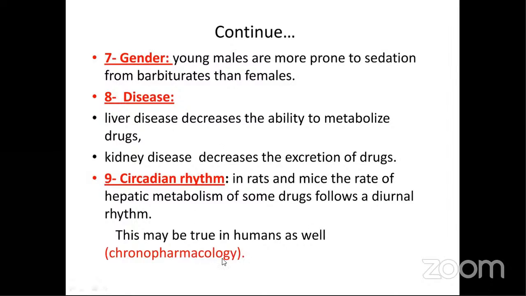Then circadian rhythm. In rats and mice, the rate of hepatic metabolism of some drugs follows a diurnal rhythm. This may be true in humans as well, so depending on the rhythm there will be different metabolic processes. For example, in rats and mice it is very low, but in human beings it is fast.